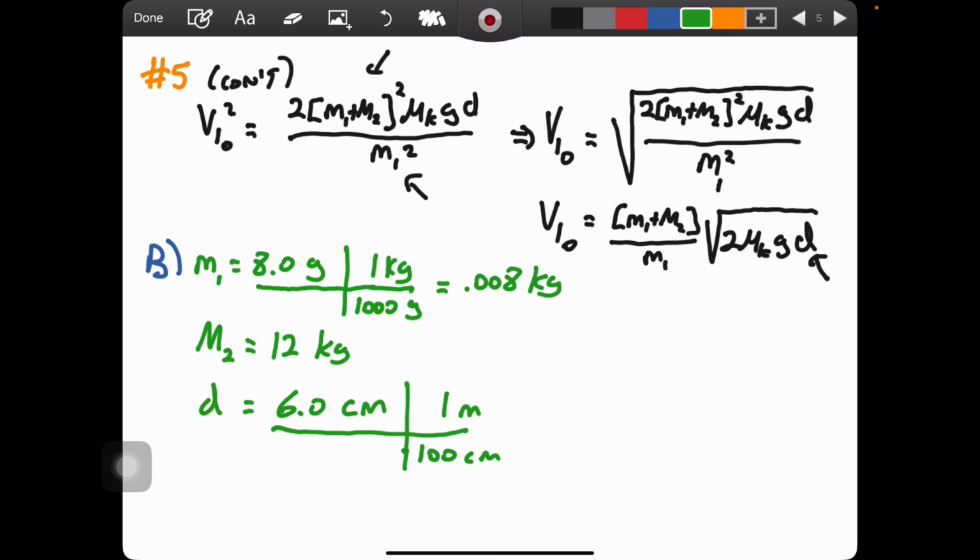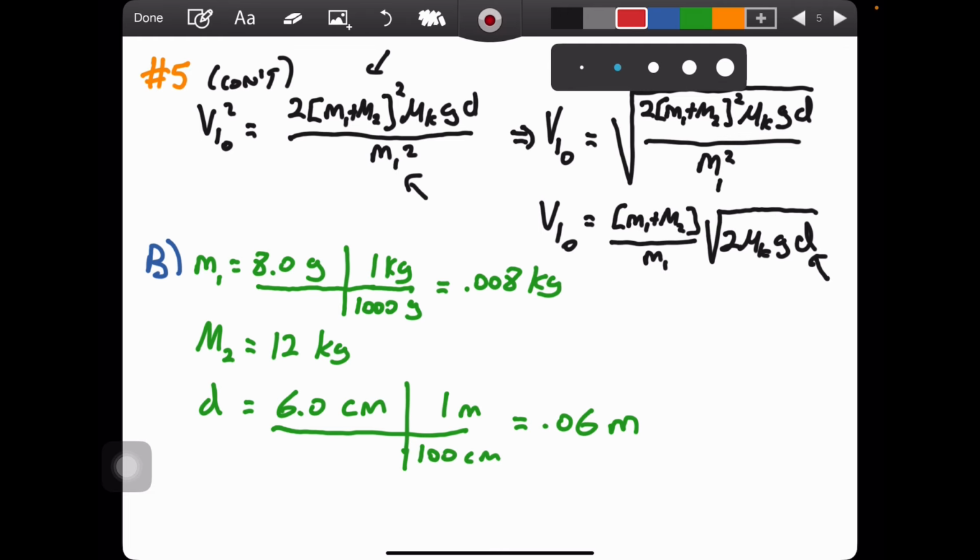And so in this case, I need to take that 6.0 and move the decimal point not to 0.6, but to 0.06. I have to have it slide 2 spots to the left. So that's equal to 0.06 meters.